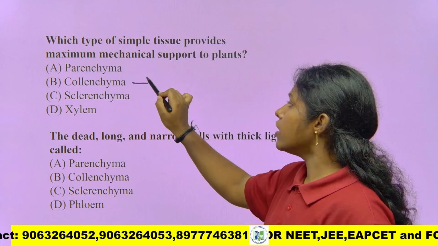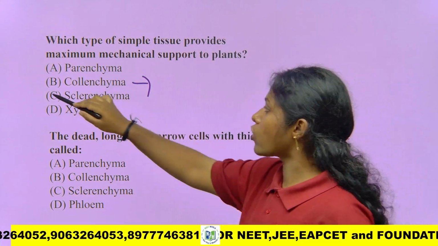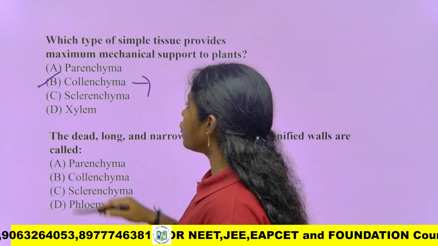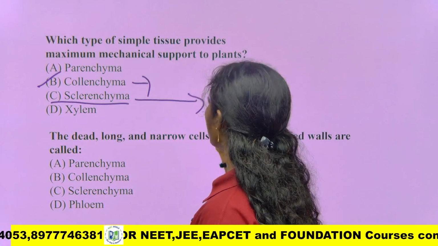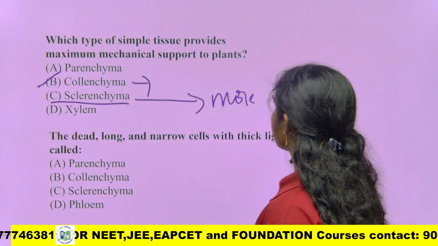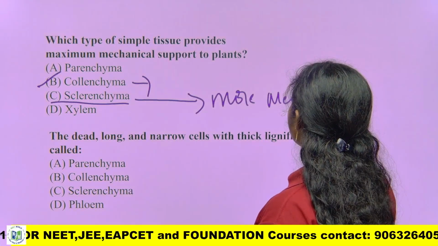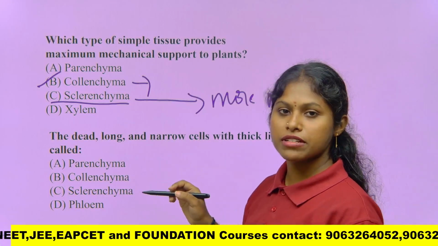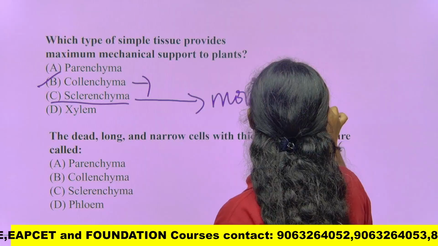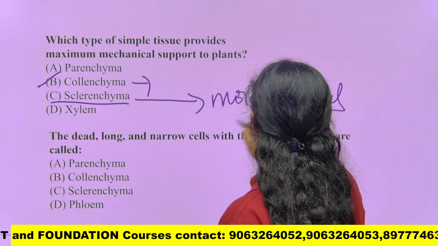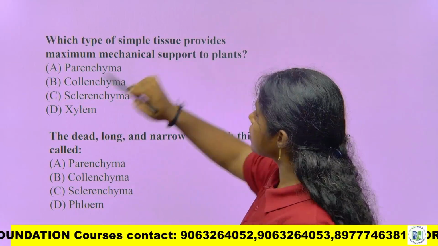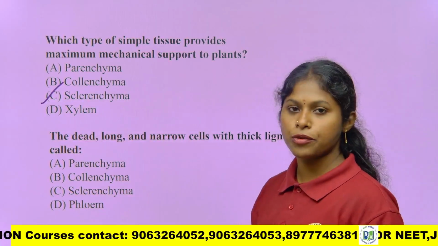Collenchyma gives tensile strength and flexibility. Sclerenchyma gives more mechanical strength. They have two types: fibers and sclereids, right? They provide the mechanical strength. So C is the answer. Okay, I hope you all got it, children.